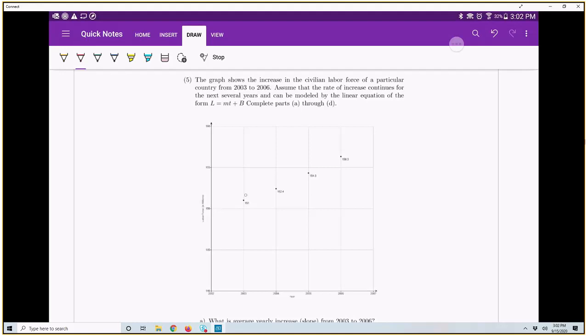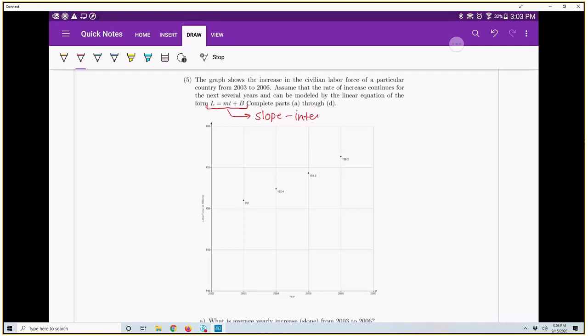So 151 million members of the civilian labor force in 2003, going up to 156.3 million members of the labor force in 2006. That's how I'm reading this graph. And the question says, assume that the rate of increase continues for the next several years and can be modeled by a linear equation of the form L equals mt plus b. This is just our familiar slope-intercept form.